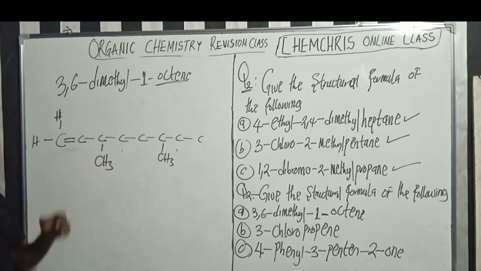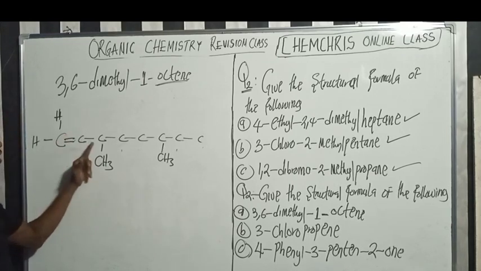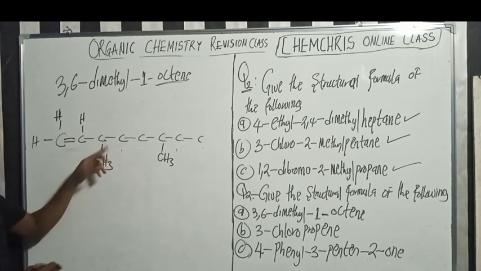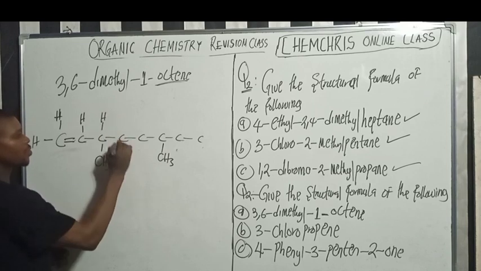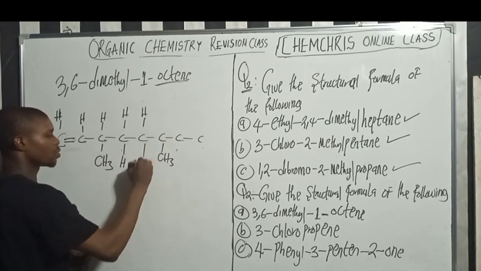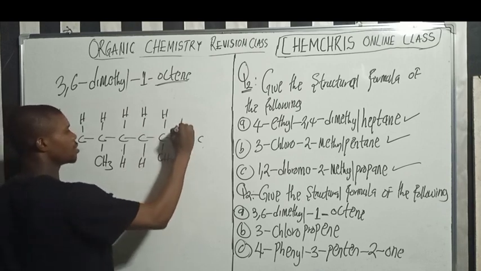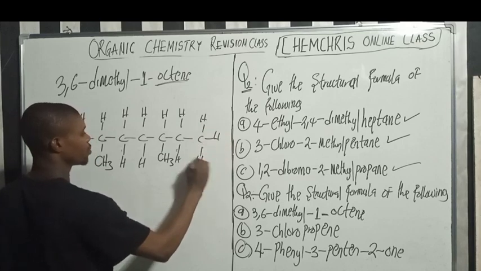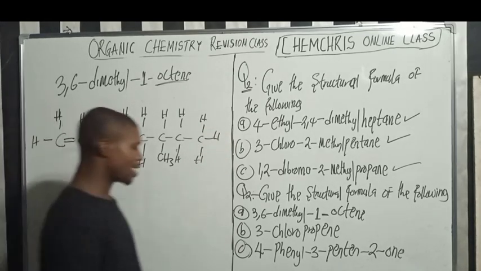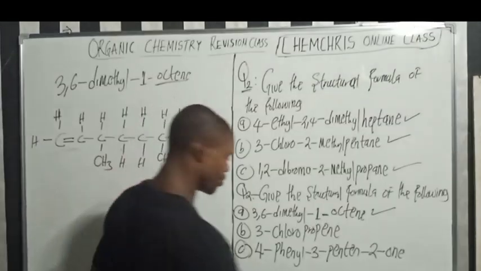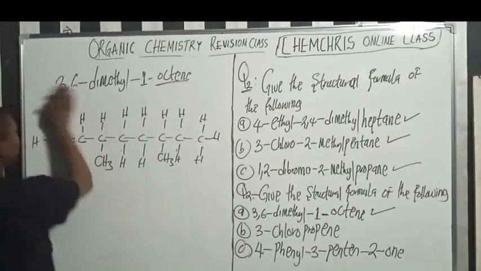This carbon atom is already having 3 bonds, a double bond and a single bond, so it needs 1 hydrogen. What about here? This one is going to have 1. So we're going to have 2, 2, then 1, then 2, then 3. Can you see that? So that is for that one here. What about this one here? The B part. Look at the B part.